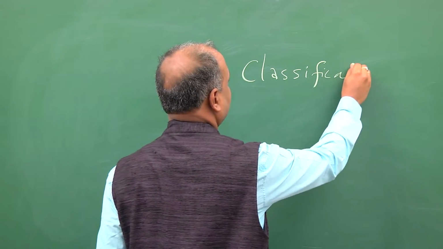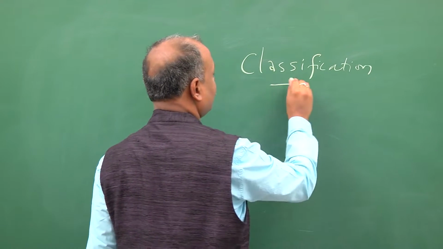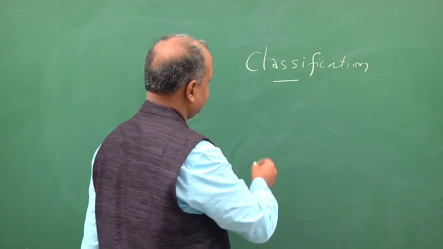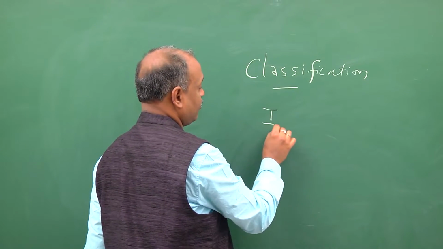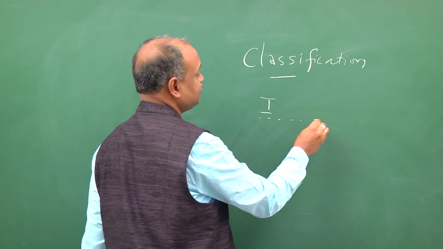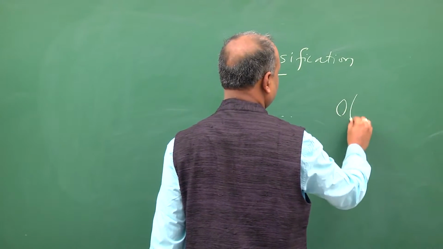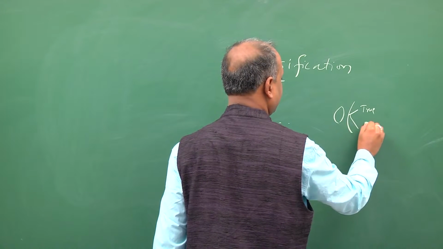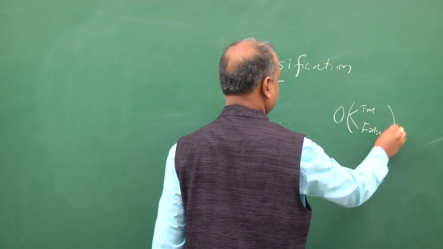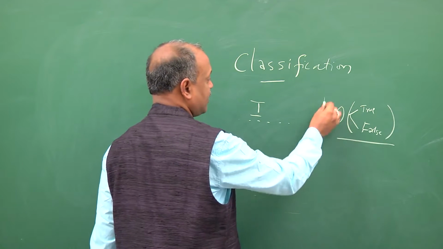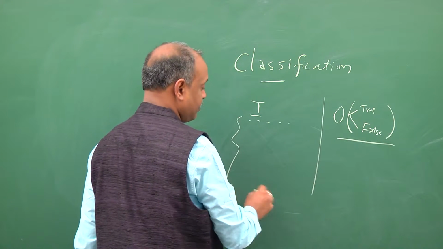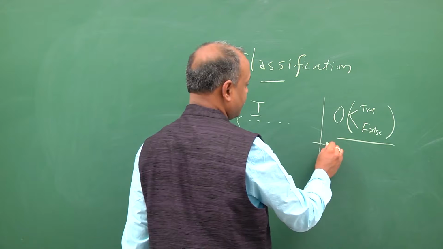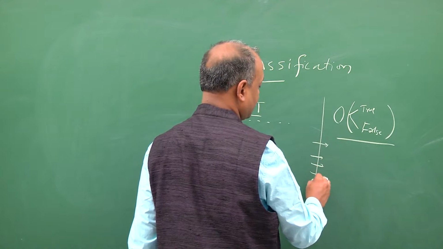Roughly, classification is when you have a whole bunch of input data and output data which is labeled data. It can be binary, it can be multiple classes. But the idea is you have a whole bunch of labeled data where input is mapped to a particular class.